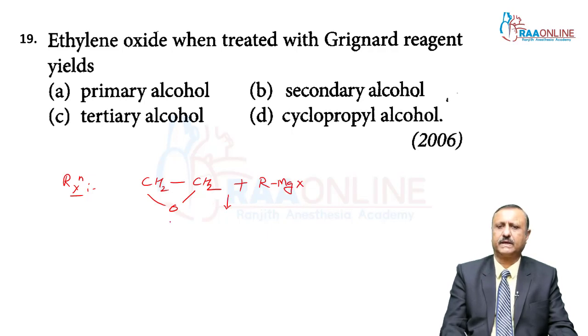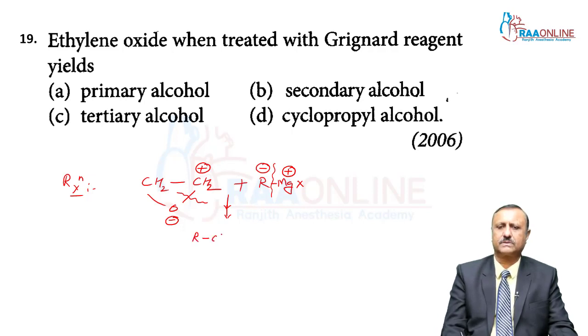When RMgX reacts with ethylene oxide, the bond is broken in this way: a negative charge develops on the oxygen atom and a positive charge develops on the carbon atom. A negative charge develops on the alkyl group and a positive charge on the magnesium ion, and the negative charge is attached to this CH2 group.